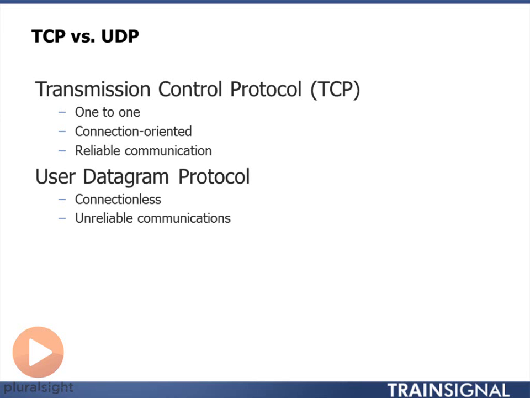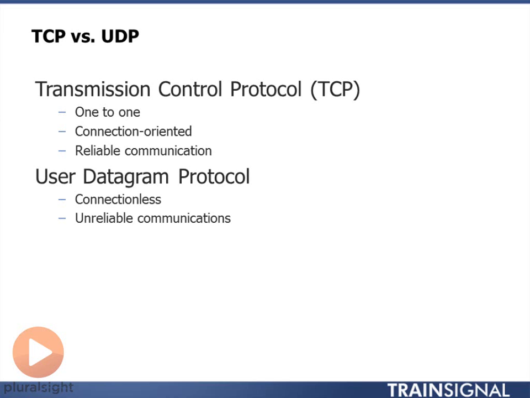It's what's known as connection-oriented, and I'll explain what that means in just a moment. And because it's connection-oriented, it's considered to provide reliable communication. Whereas UDP is known as connectionless and therefore is unreliable.